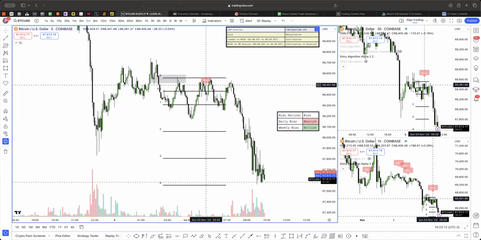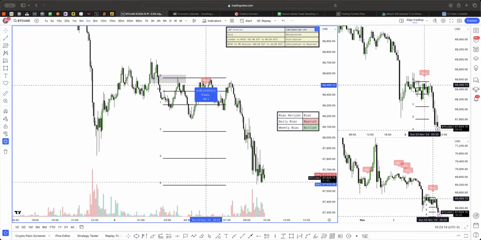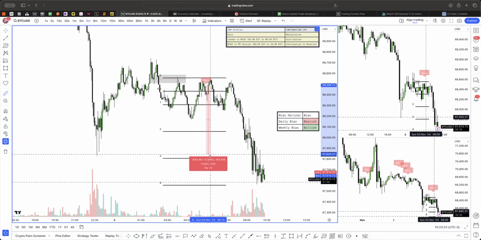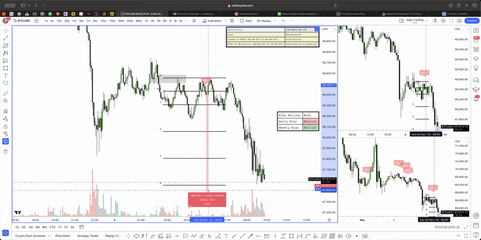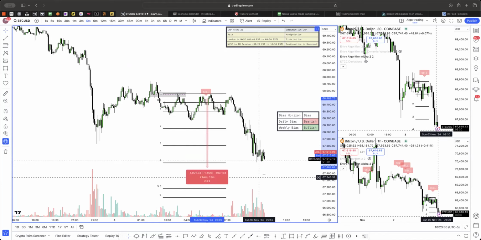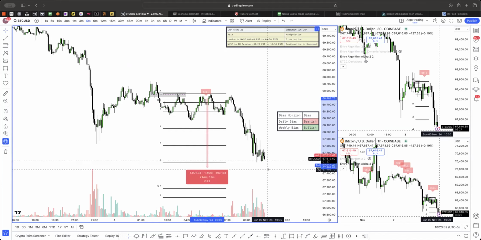Simple. From the point of sale, I'm interested in getting 50 pips. Done. 100% guarantee. I'm interested in getting 100 pips. Almost there. But still, 100% guarantee. It's going to come. It's going to hit that, right?